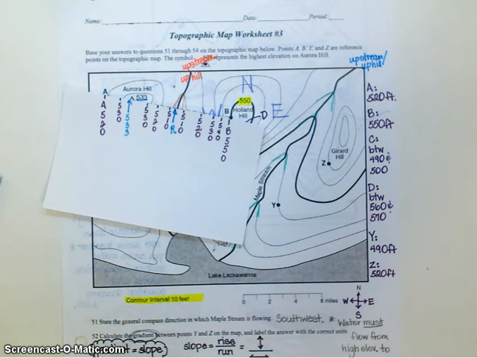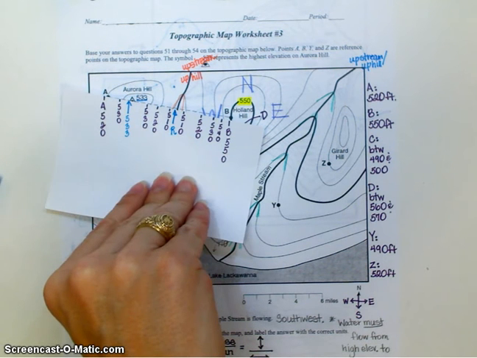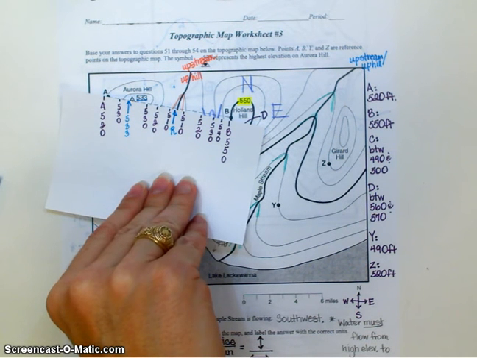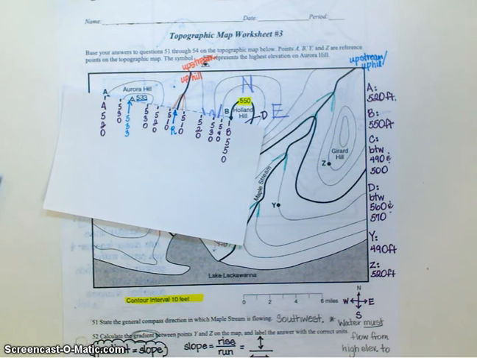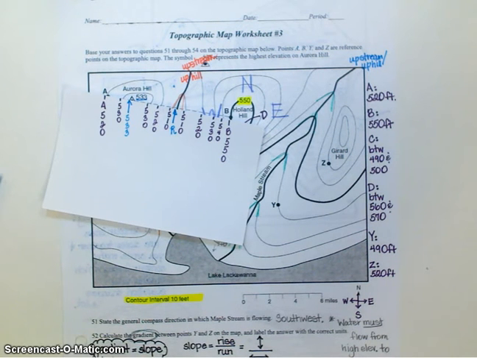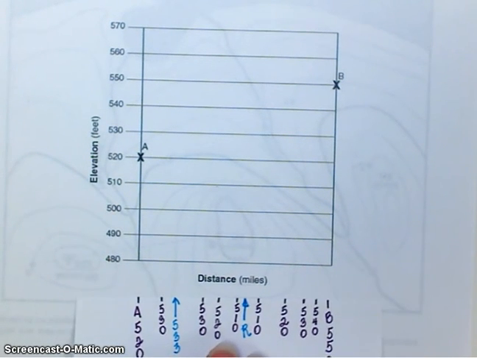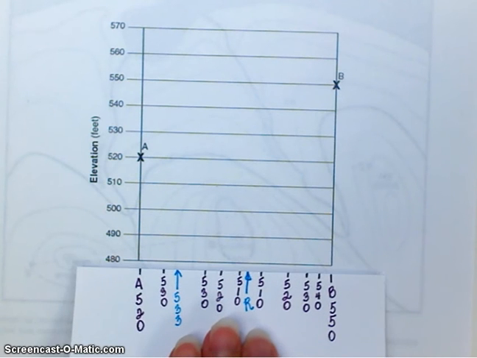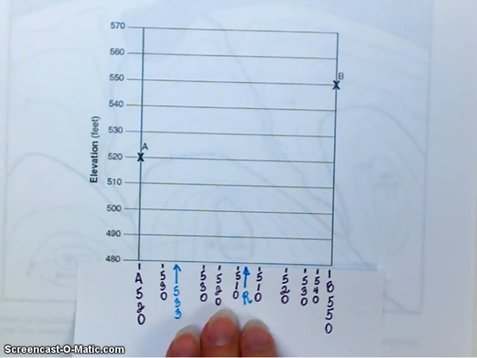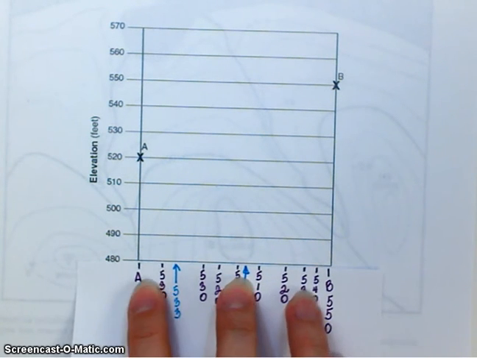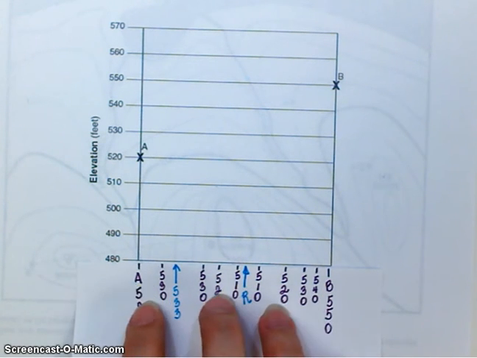So I mark all of that. And then I'm going to take those markings and I'm going to transfer them to my graph. All right, notice I have my index card handy, and the graph is made so that the sides of the graph line up with the beginning and the end of my hike, A and B, okay?